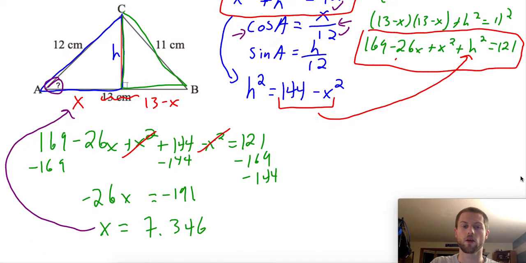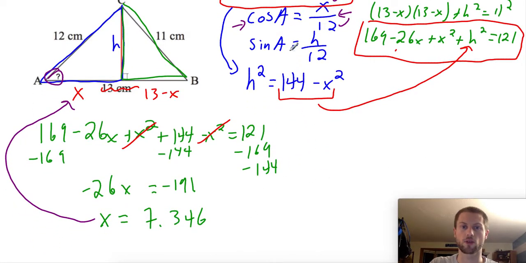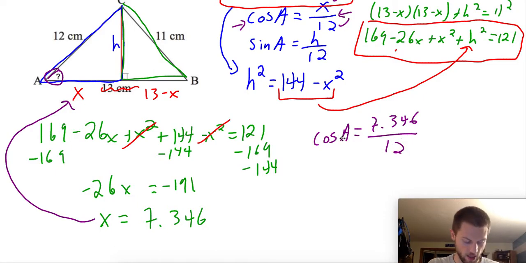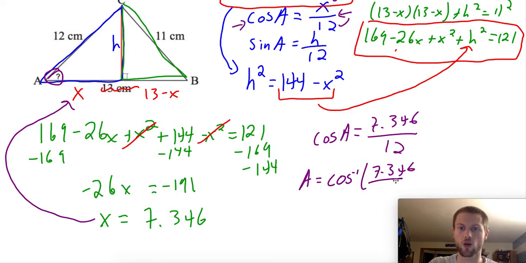So let's take this, and I'm going to rewrite this: cosine of A is equal to this x, 7.346 over 12. And if I take the inverse cosine, A is equal to the arc cosine of that whole mess, 7.346 over 12.